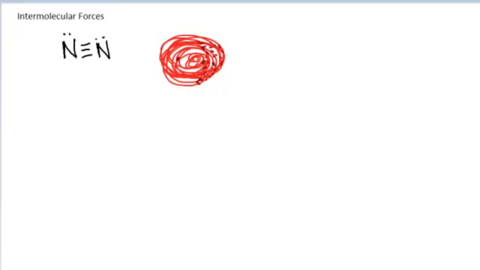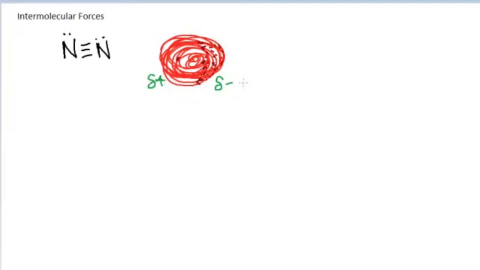So at any given instant, there could be a temporary, instantaneous dipole moment for this molecule where the side that has the buildup of electrons would be partial negative, the side that has the depleted number of electrons, because they've all moved over to the right-hand side in my picture, has a partial positive.